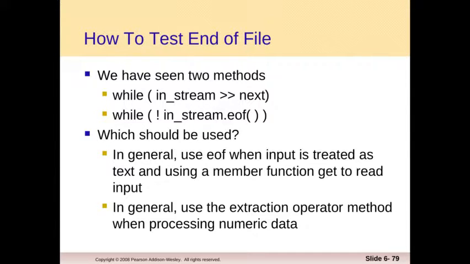When you're dealing with low-level input, when you're using the get member function, most likely you want to use the EOF member function to test for end of file. When you're using more high-level input, the extraction operation, then this is the way to test for the end of file. When you combine both, then the question is more difficult to answer. Then it really depends on the particulars of in which sequence this needs to take place.